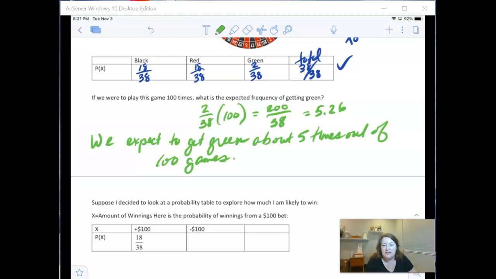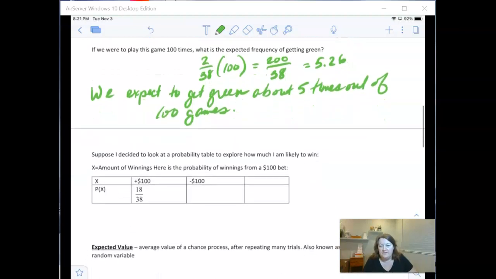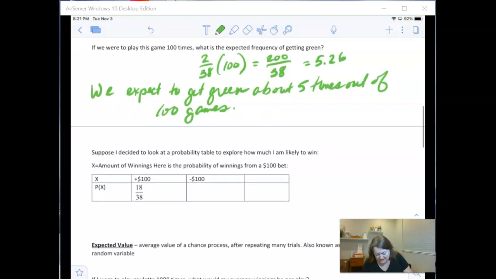Suppose I decided to look at a probability table to explore how much I'm likely to win at one of these games using roulette. So now notice that a random variable has made its appearance. Here it is, X, and X is now defined as the amount of winnings. Okay, so how many of these am I going to win? So now we have random variable X, which is always our numbers.